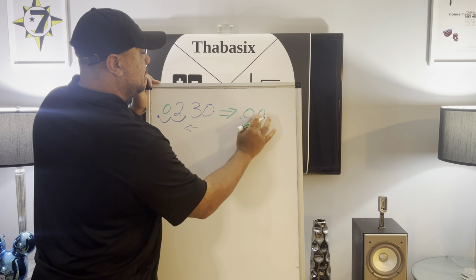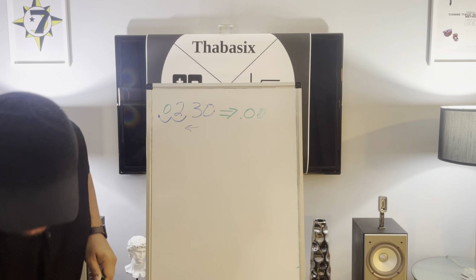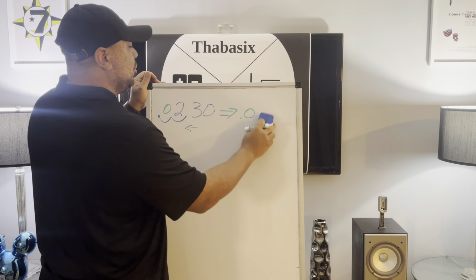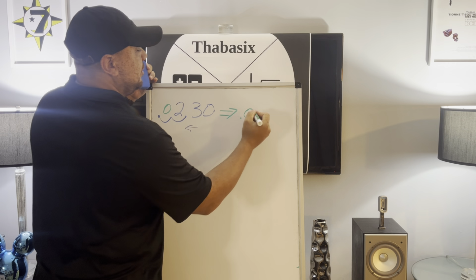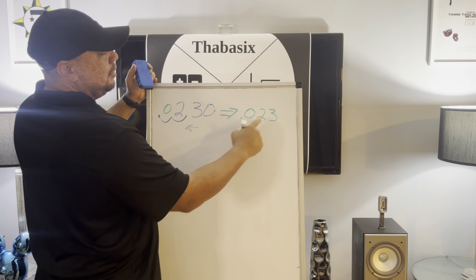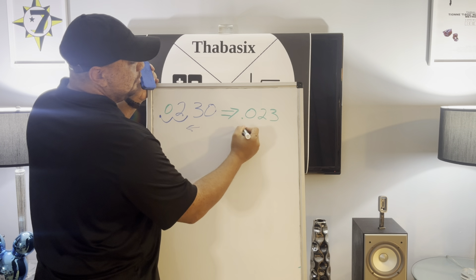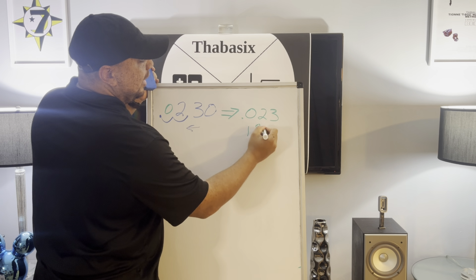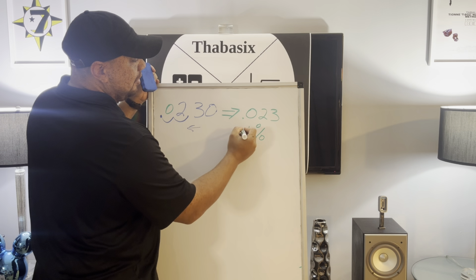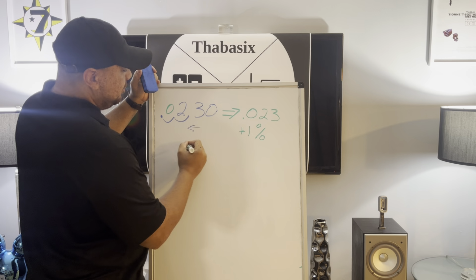No, excuse me. Making a mess. Hold on. So basically it would be 2.3 cents. 2.3 cents, okay? This is equal to a 1% increase. So we would add that to your $2.30.